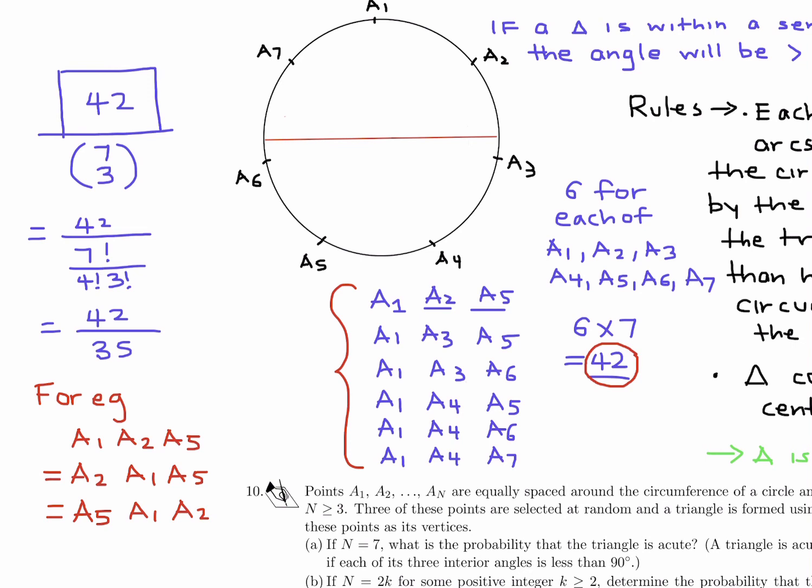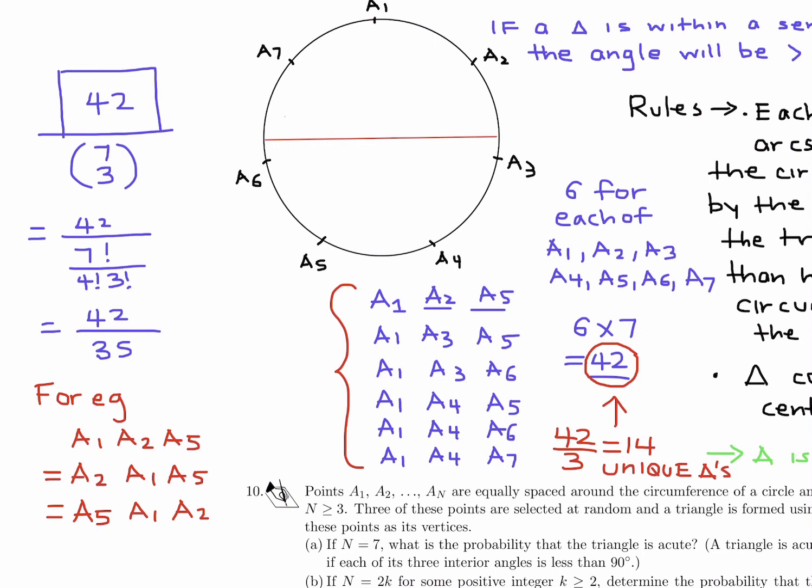So that basically means these 42 triangles that you got, it's basically 42 divided by 3 unique triangles. Does that make sense? So 42 divided by 3, which is 14 unique triangles. That 42 basically overcounts.